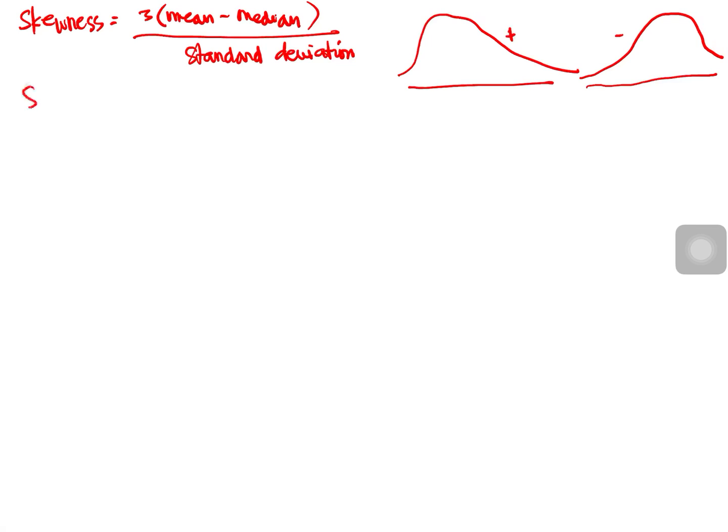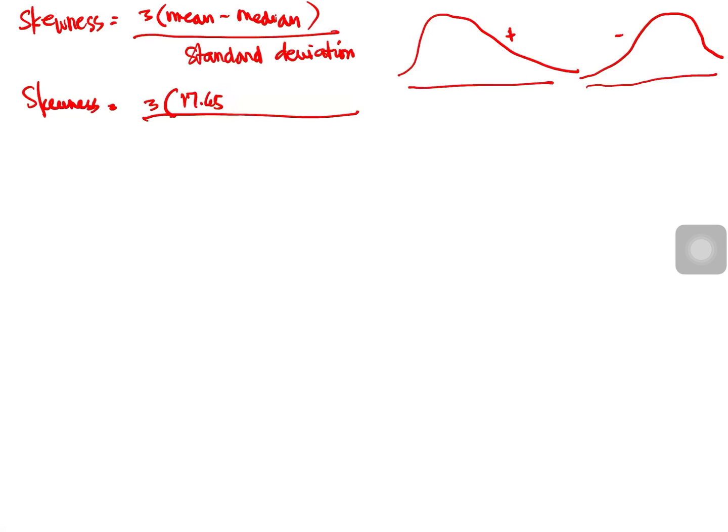Okay, so for the skewness of our data, we have 3 times our mean. Our mean is 17.65. No, I need to use the ungrouped data.